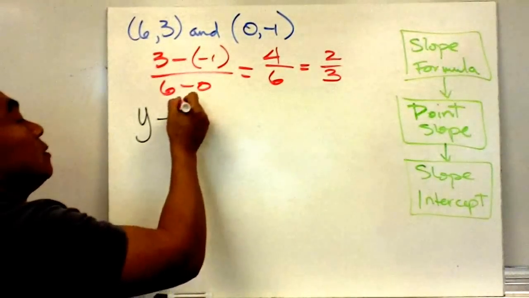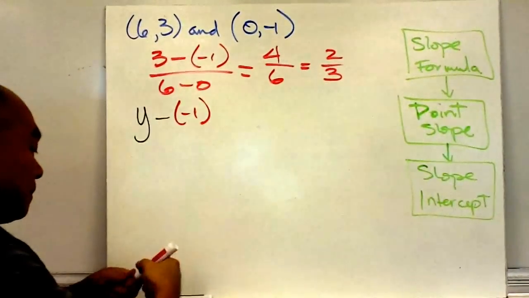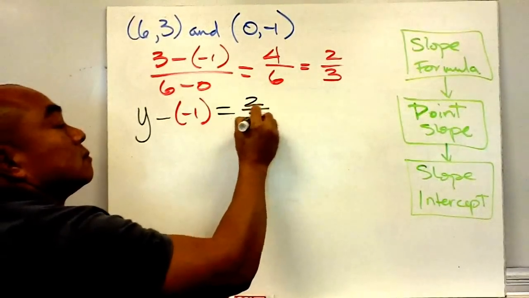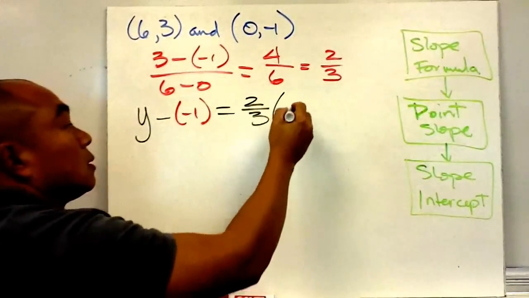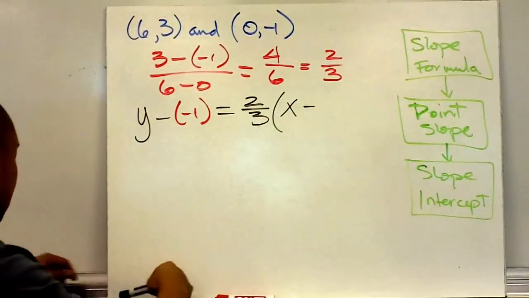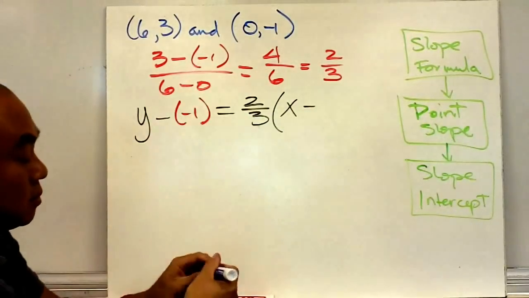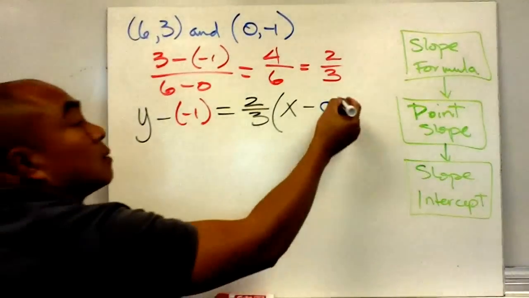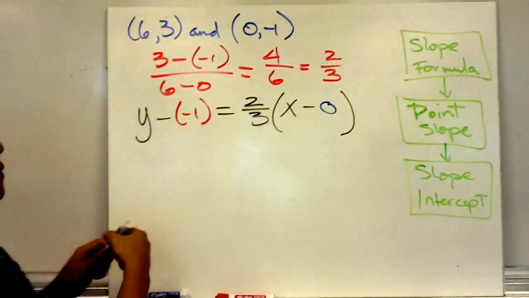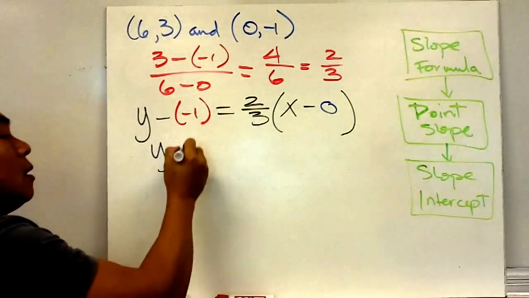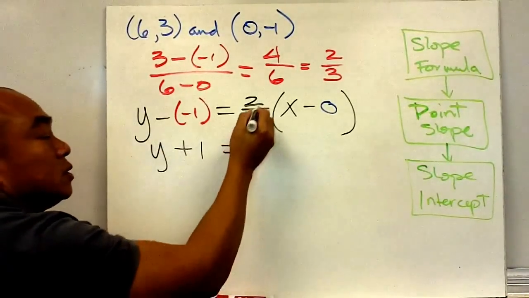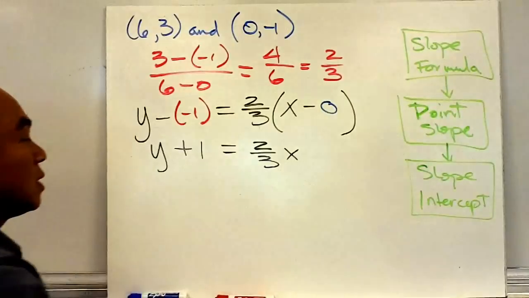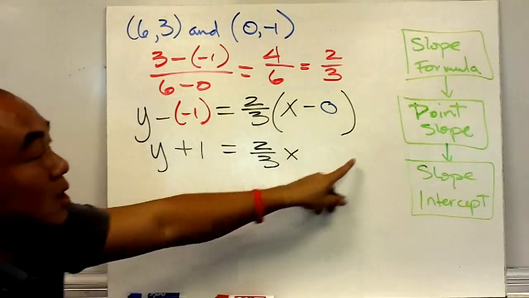So that's going to be minus negative 1 is equal to, where our slope is 2/3, and then x minus 0. So let's solve. Let's rewrite: y plus 1 is equal to 2/3 x, and 2/3 times 0 is just 0. So that's our final answer here as our point slope form.